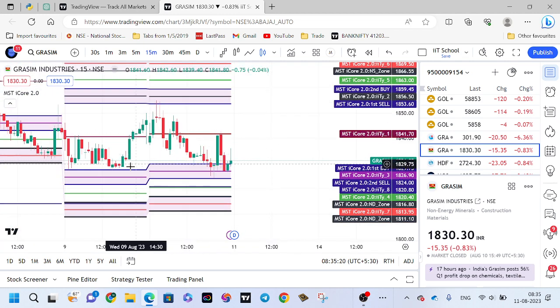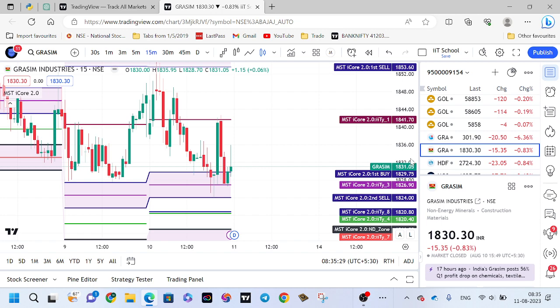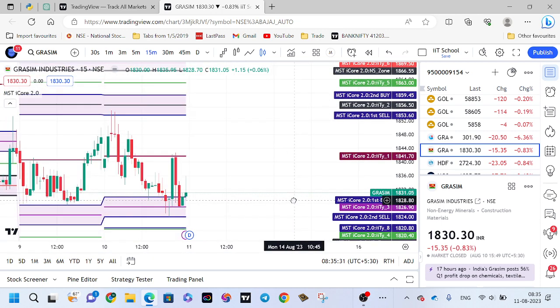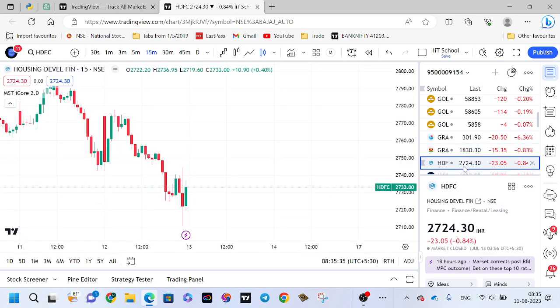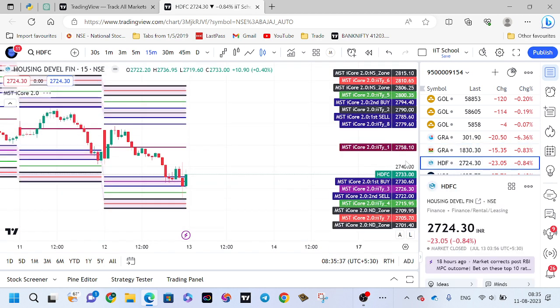See, perfectly. Day before yesterday also buy activated, target hit. Yesterday also sell activated, target hit. So this is really a magical tool. You will never get such a beautiful entry anywhere.